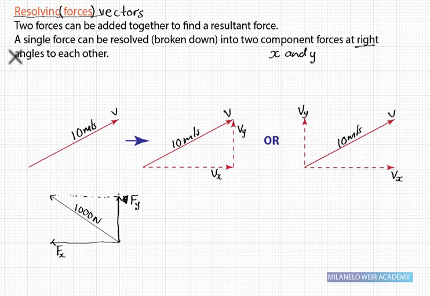At right angles, what do we mean? We mean to say the angle between these components y and x is 90 degrees. So in this case we can write F, this is in the vertical, therefore it's F y.